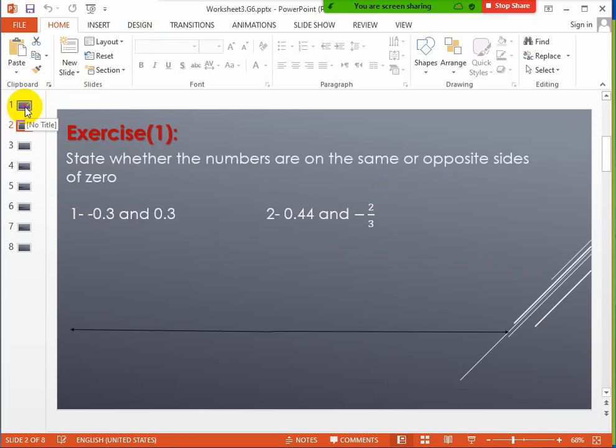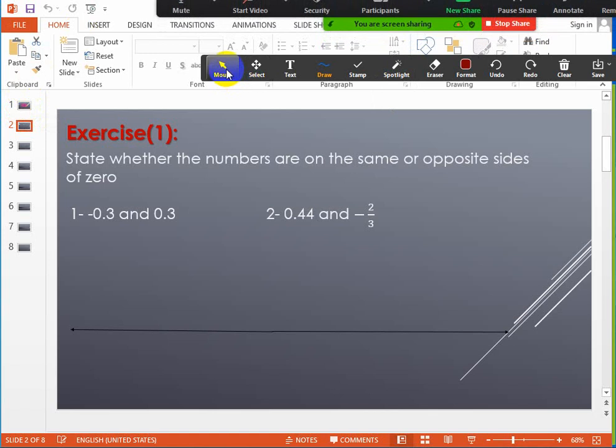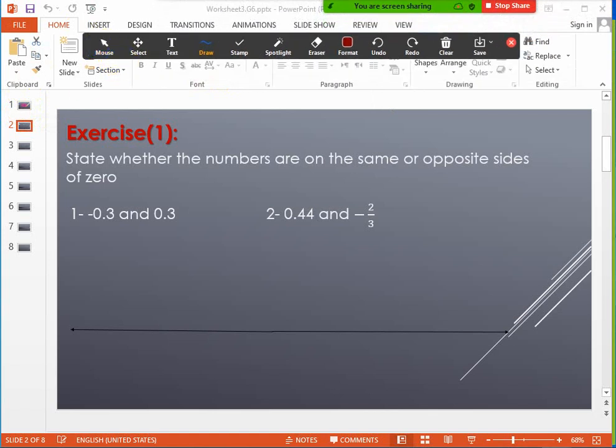The same idea, we will continue with the same idea that we started yesterday about rational numbers and state whether the numbers are on the same or opposite sides of zero. So you remember we use number line. Sometimes we have to use number line, but in a question like this, actually no need, because I told you yesterday if the two numbers have the same sign, that means they are on the same side.